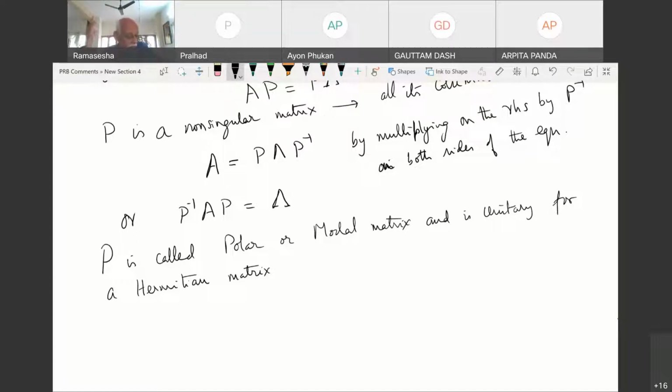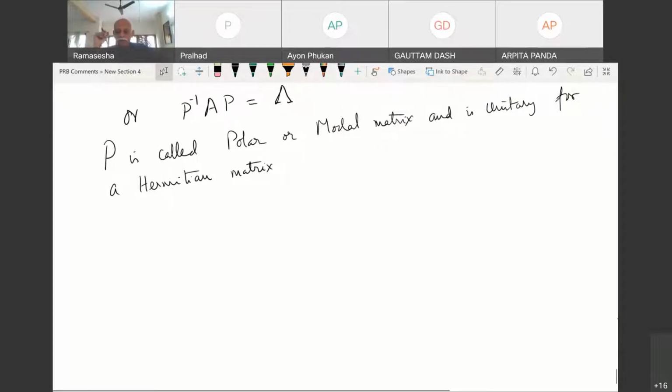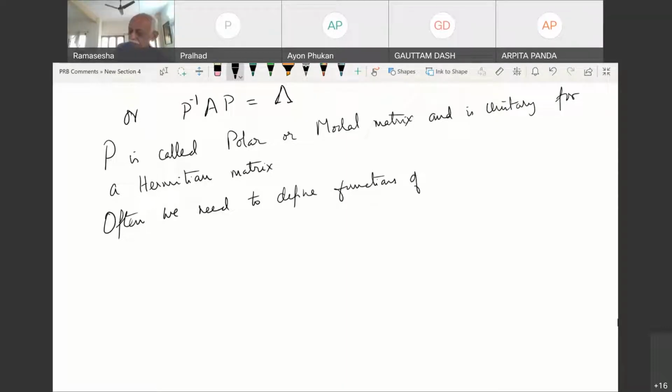Now, why is this so important? Very often we need to define functions of matrices. For example, I want to define A squared.